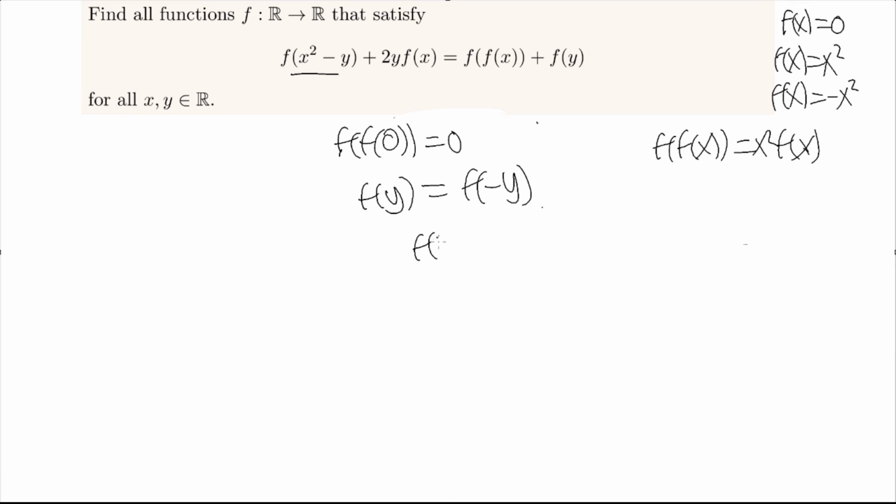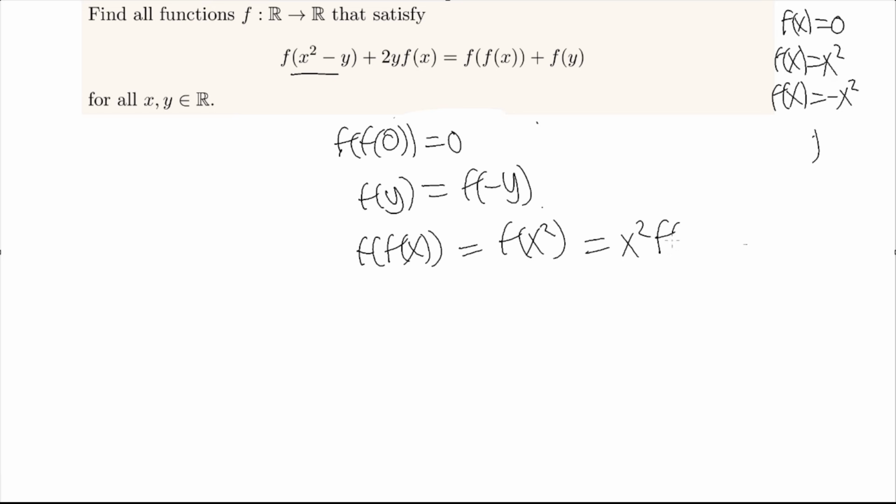Then we have f of x squared, and this becomes 0, is equal to f of x plus f of y, or f of 0, which is 0. And we have that this here is equal to this here. And thus we have this very magical identity sort of thing, which is f of f of x is equal to f of x squared is equal to x squared f of x.